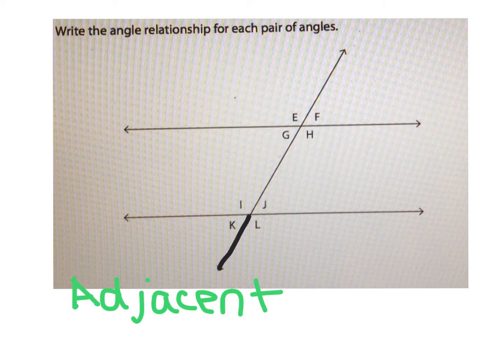So if I choose angle L, the angles adjacent to it would be angle K and angle J. They share a side. So if I looked at the top pair, G, and I want an adjacent angle to it, I'm hoping you're saying, oh, that would definitely be E, and it also could be angle H, would be adjacent to G.